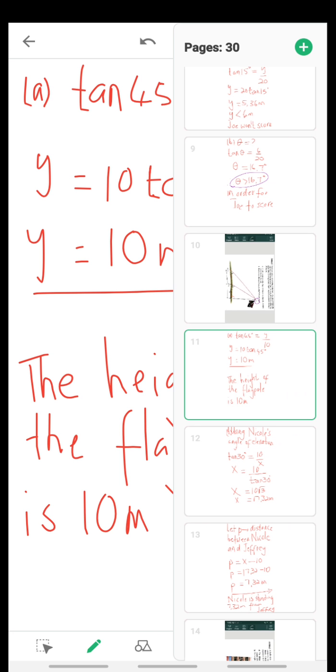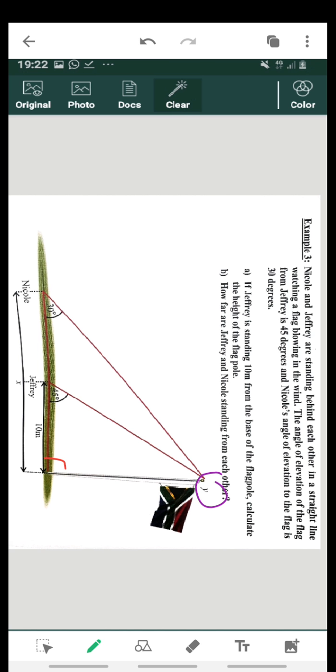And this makes sense because when you look at the small triangle for Jeffrey, the sum of angles of a triangle must add up to 180. So if that is 45 degrees, the other angle here should also be 45 degrees, which means this is an isosceles triangle, and if the distance between Jeffrey and the flagpole is 10 meters, then the height of the flagpole must also be 10 meters.